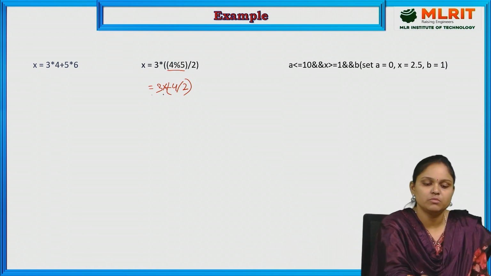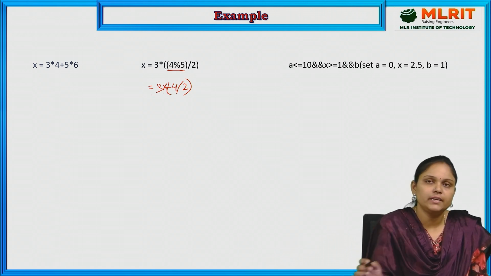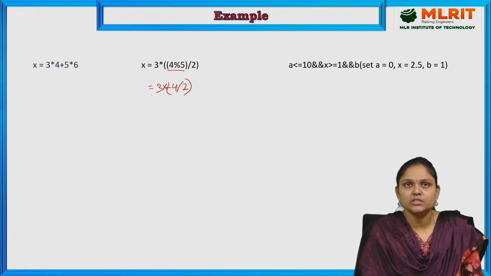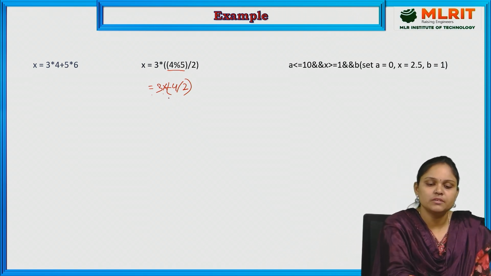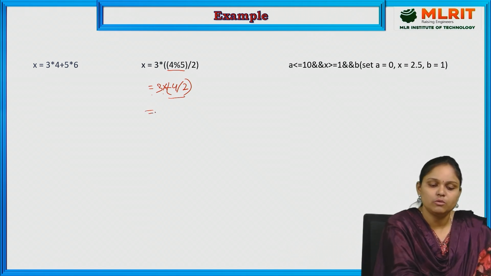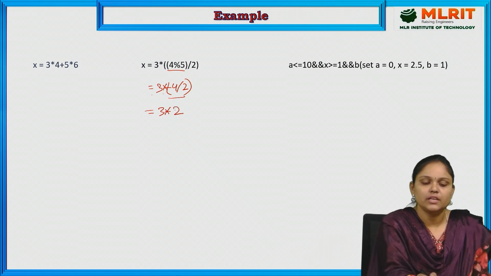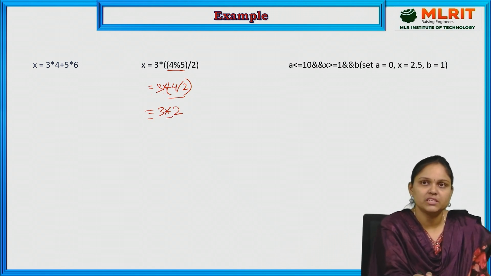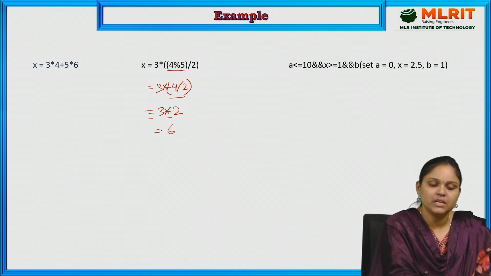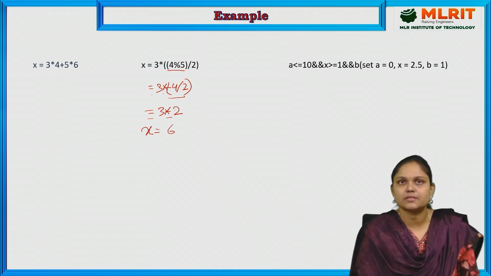Equals to, multiplication, brackets and division. For brackets we have the highest priority, so we solve the things available in the brackets. So 4 by 2, the answer is 2. Now again 2 operators we have, equals to and multiplication. So 3 into 2 is equals to 6, and 6 will be assigned to this x.